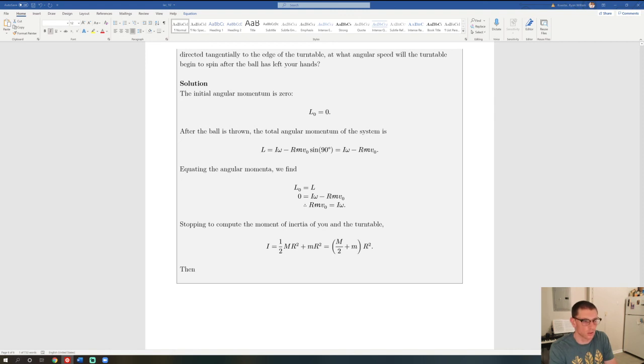Solve R times, and we have big M over 2 plus little m times R squared. We want to solve this for omega.